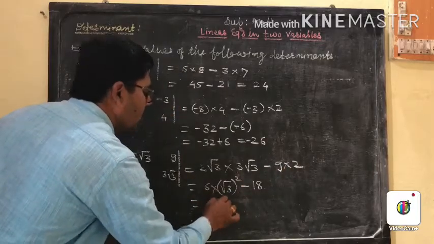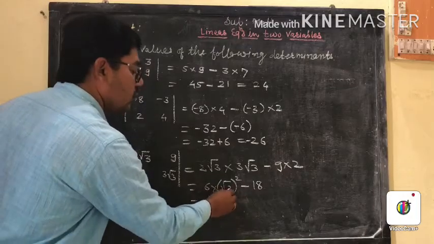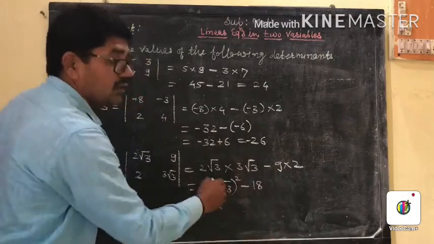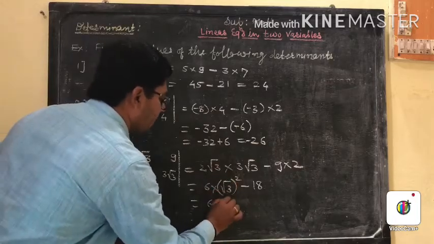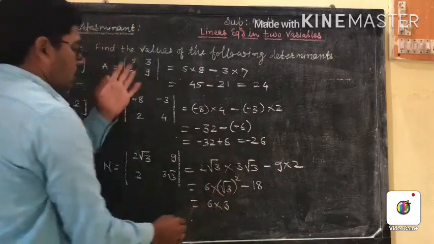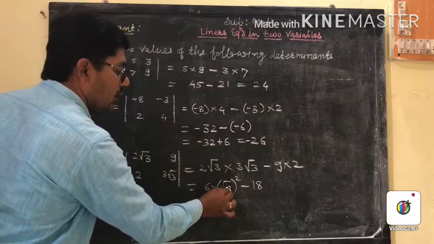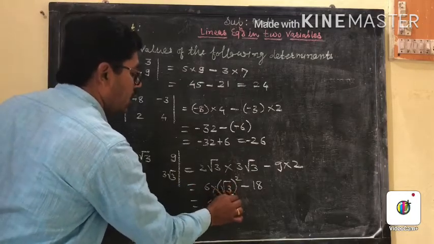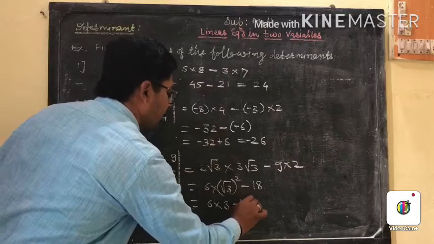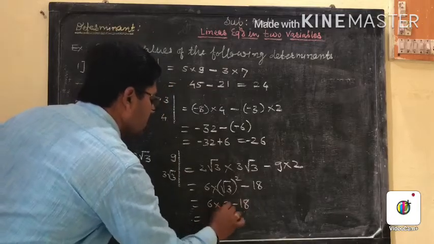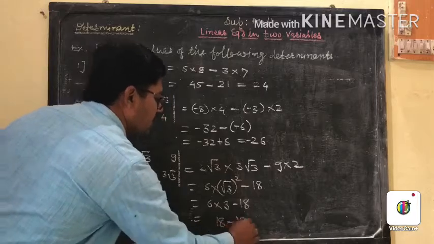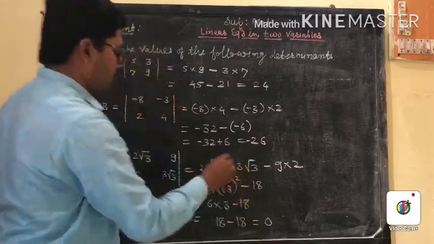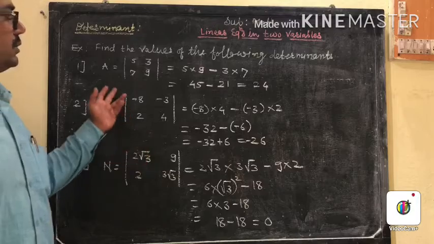Root 3 into root 3 is root 9, which is 3. So 6 into 3 is 18, minus 18, which is 0. These are the values of the determinants.